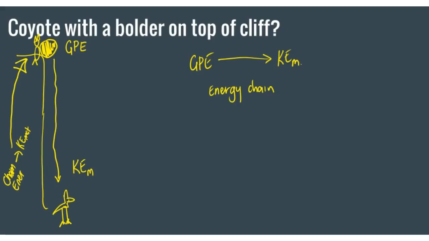So it actually starts a lot earlier. He had the chemical potential energy of his food, turned it into kinetic energy of motion to push it up the hill, which then gave it gravitational potential energy to drop on Roadrunner's head. Then he dropped it off the top of the hill, which gave it kinetic energy, motion, again. So now we're getting into a bit more of an energy chain.